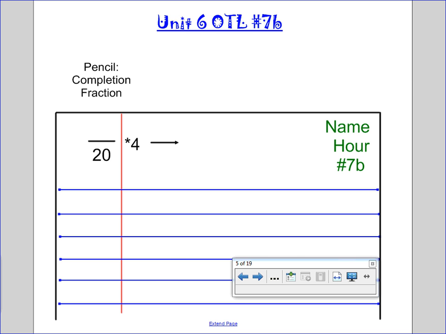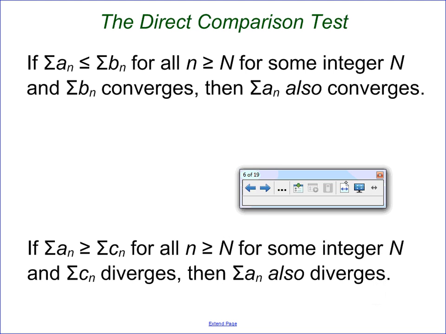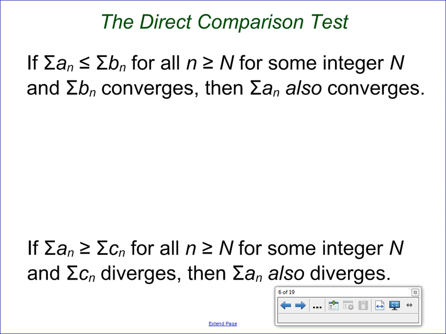Okay, ladies and gentlemen, thanks for your help with that. Let's see where we've been so that we can see where we're headed. Here we know that if one series is less than or equal to a known series for all n greater than or equal to N for some positive integer N, and my known series converges, then my original must also converge.